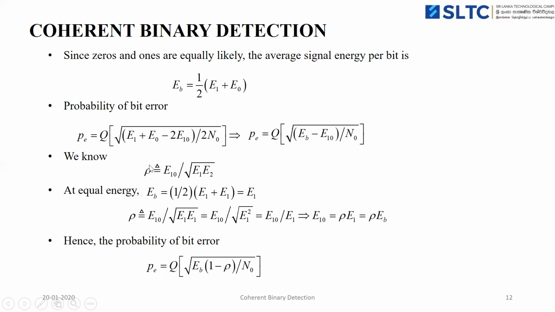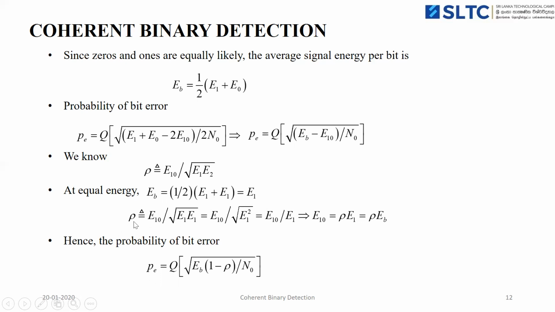Now here we can use the formula for the correlation coefficient, rho equal to E10 by square root of E1 into E0. At equal energy, Eb equals 1 by 2 of (E1 plus E1), so 2 E1 by 2, so the bit energy Eb equals E1.